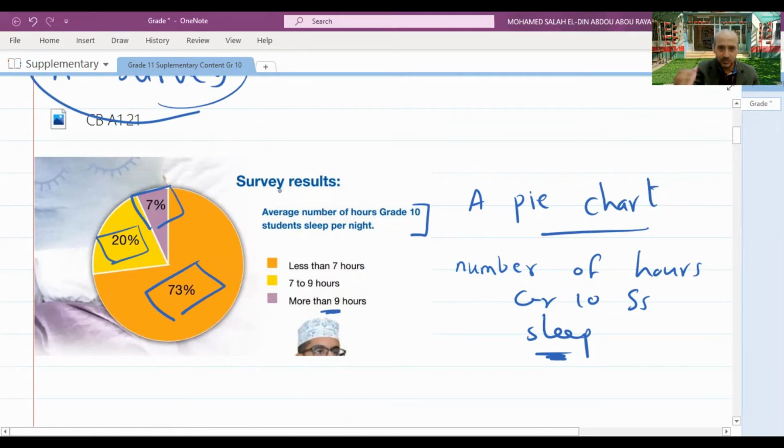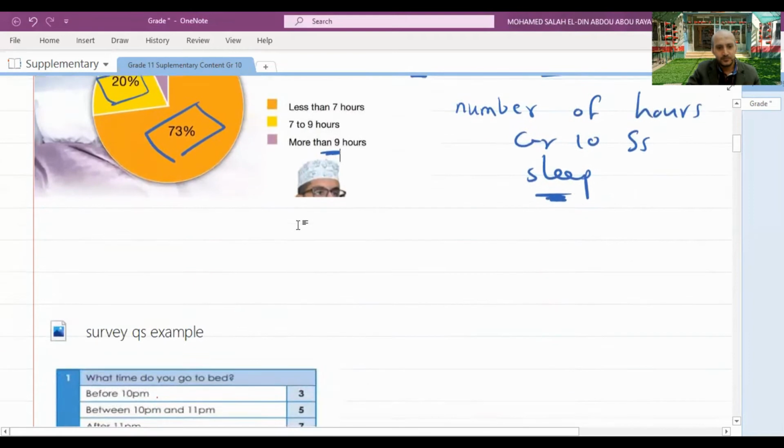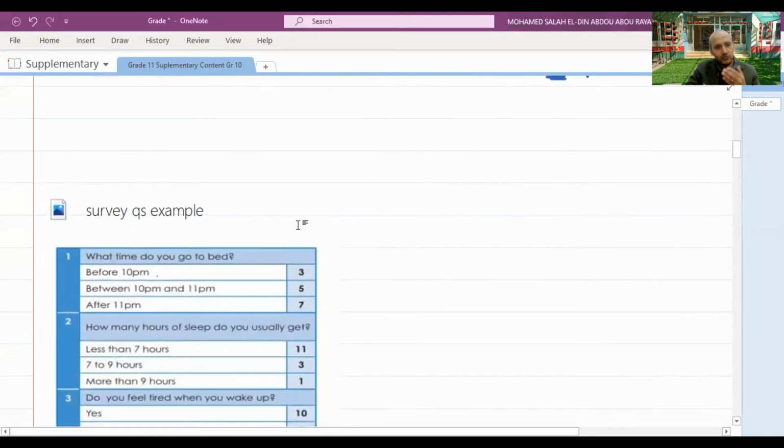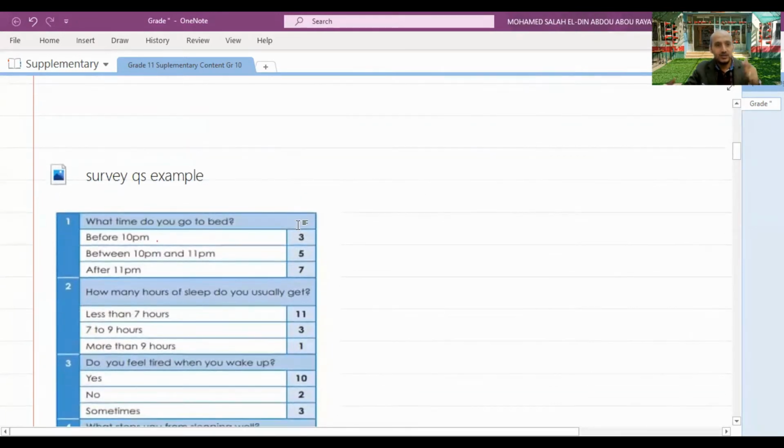So we asked some questions, and from the answers, we found these results. So how many students did we ask? You should have a number. Let's move on. We will now know the number of students, the number of questions and the format of a survey.